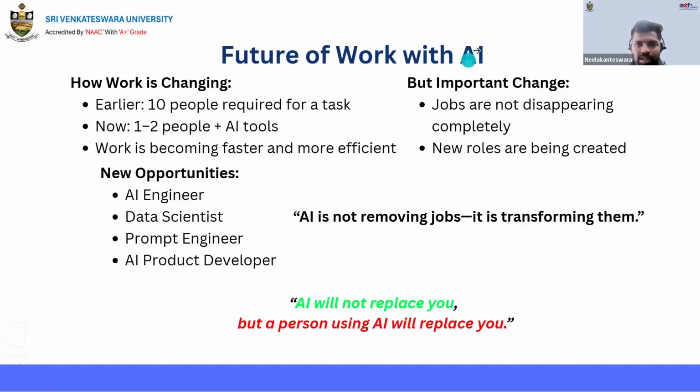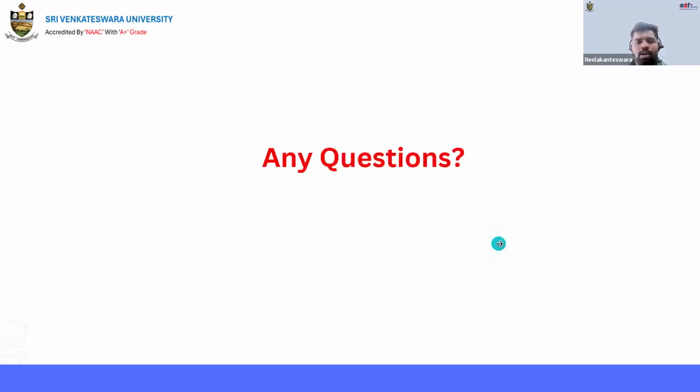By doing internships, attending workshops and doing certification courses, you can improve your AI portfolio. We are also giving some instructions to improve your portfolio. That's about AI and all those things.